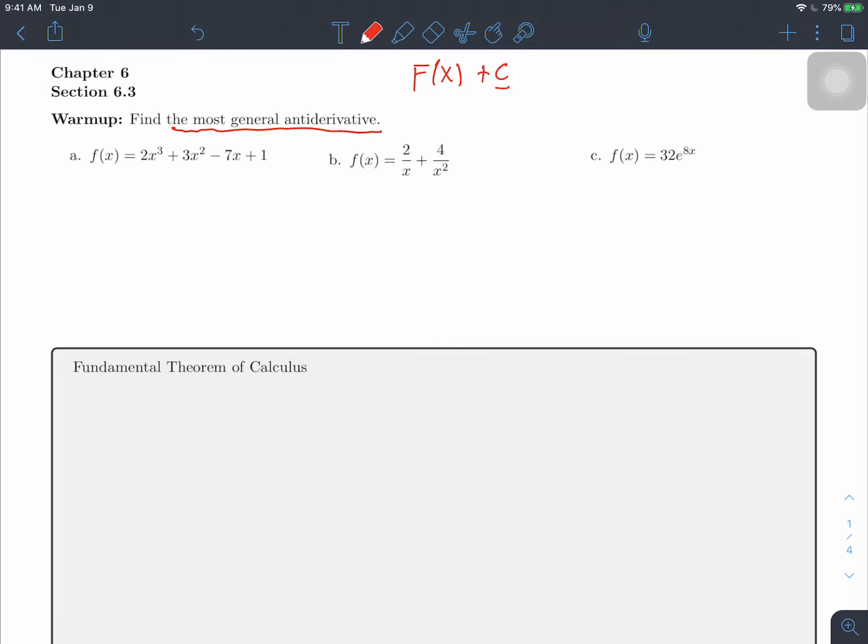So write that c out to make sure that we are classifying a family of functions, each of which would be an antiderivative of each of these functions.